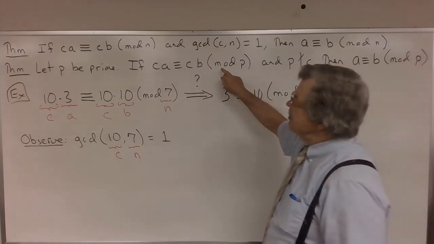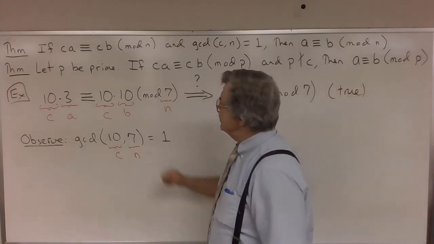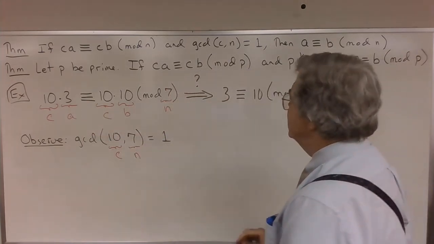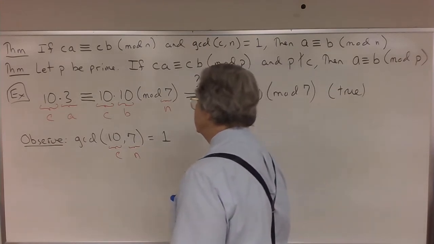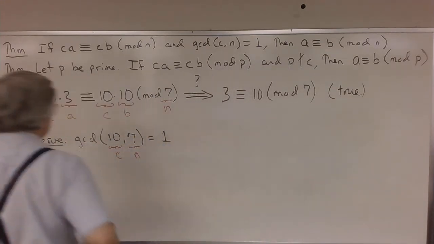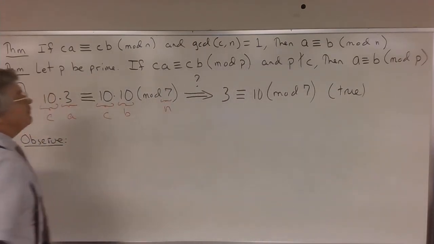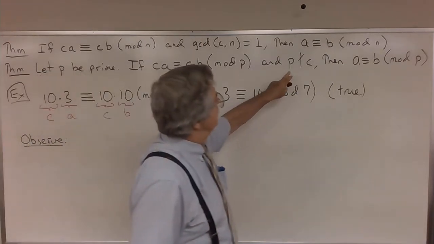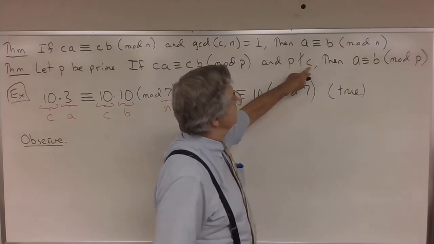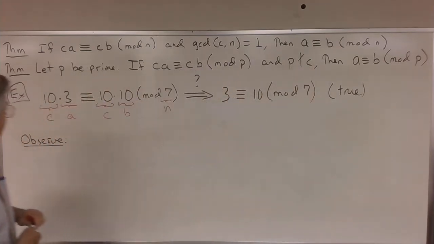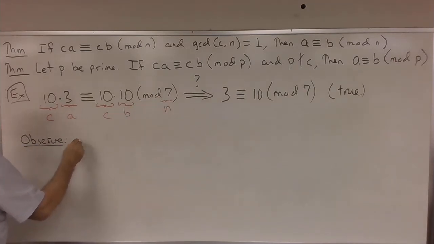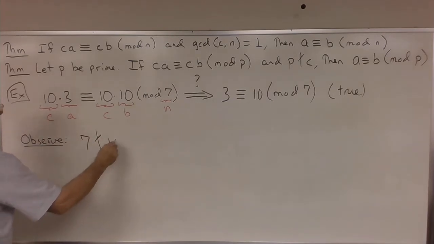Using this second theorem, why can we cancel the 10s on both sides? The criterion in this second theorem is that the divisor does not divide the common factor. So the divisor, 7, which is prime, does not divide the common factor 10.